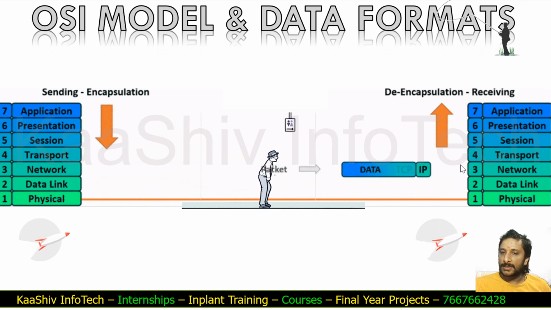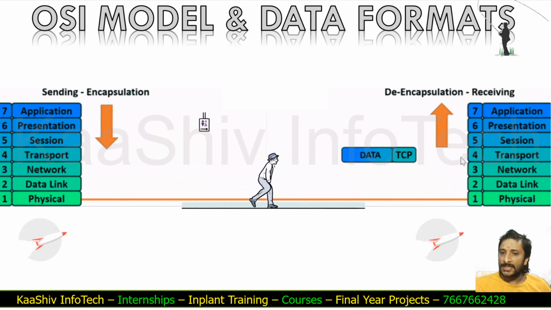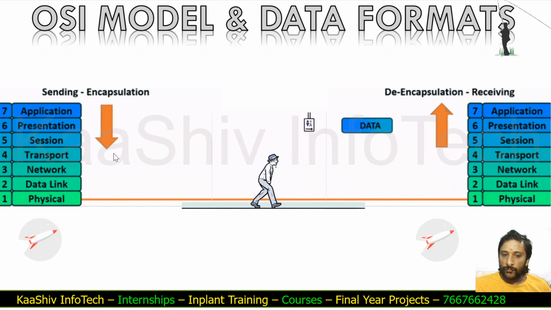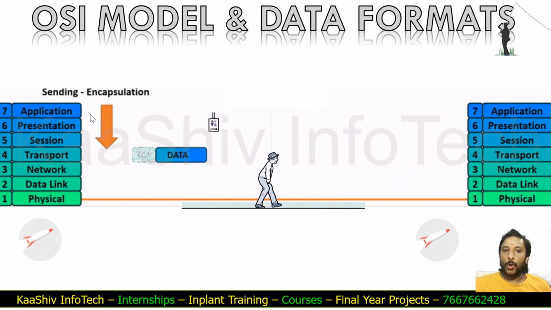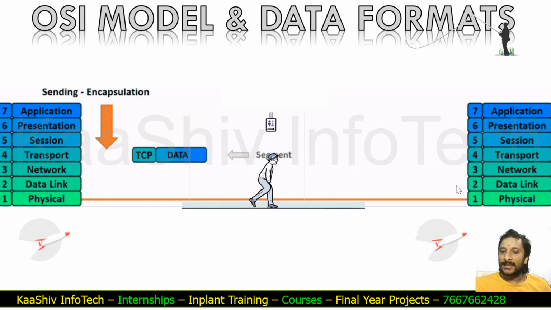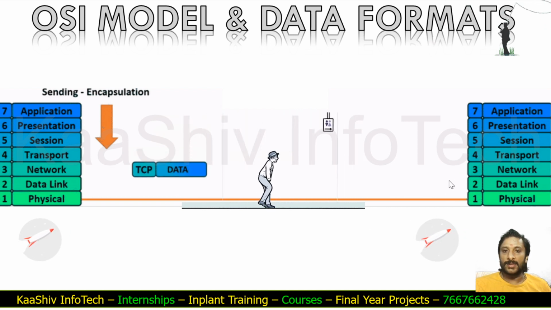Over here the IP is removed, and the TCP is removed. Now you got the data. Adding a lot of information to the data while transferring via the medium is called encapsulation, whereas removing all those extras and retrieving the original data is called decapsulation.